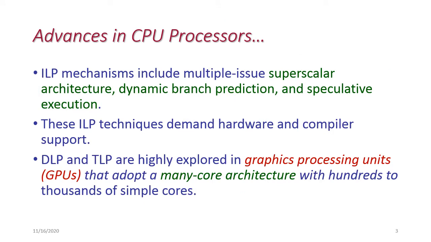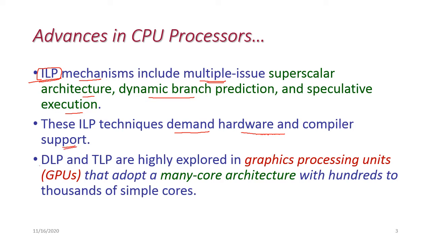We have different varieties of advanced CPU processors. Under this, the instruction level parallelism mechanism is one of them, which includes multiple issue superscalar architecture, dynamic branch prediction and speculative execution. This technique demands hardware and compiler support.